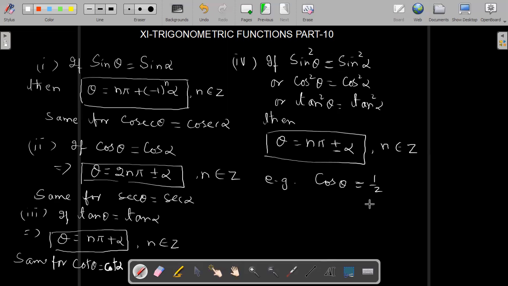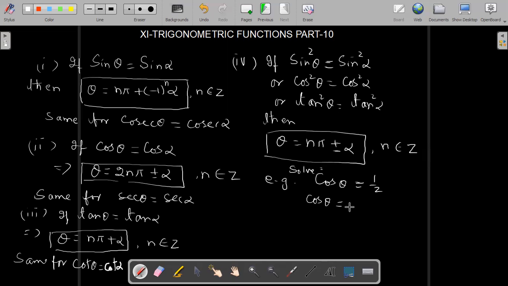Okay, so cos theta is equal to 1 by 2 is the question: solve the given trigonometrical equation. How will we solve this? On the right-hand side we have to check that 1 by 2 is the value of cos.